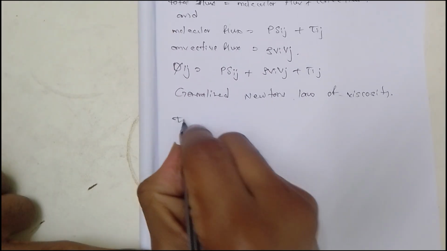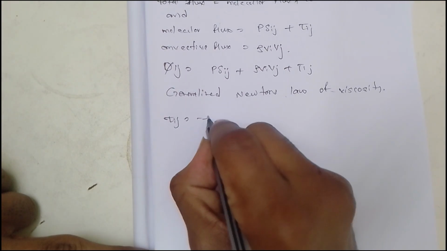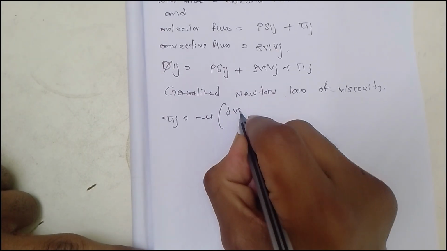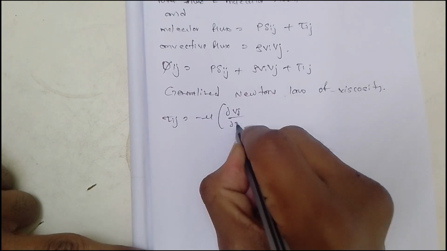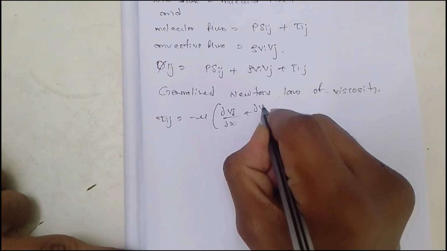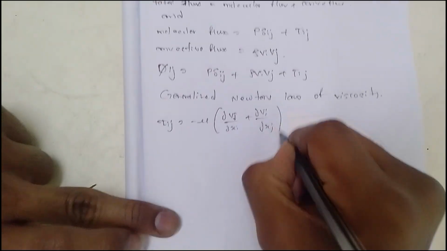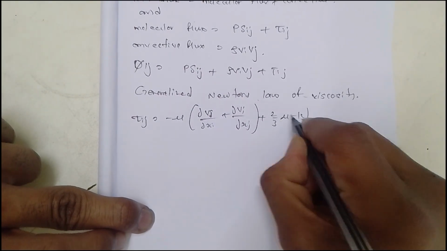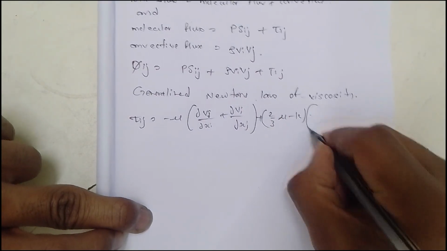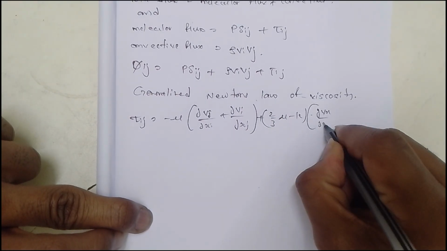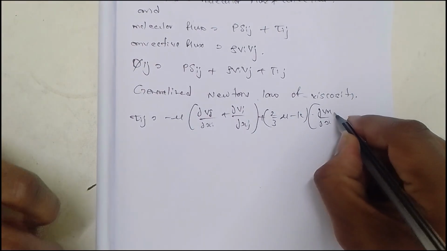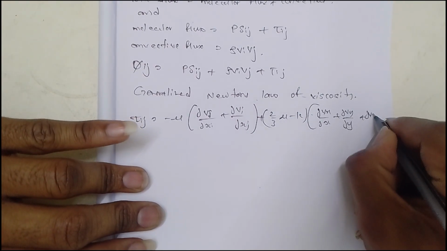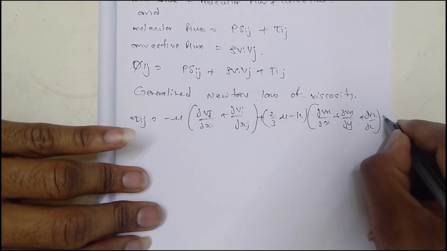It is written as tau ij is equal to minus mu into (dou Vj upon dou Xi plus dou Vi upon dou Xj) plus (2 by 3 mu minus kappa) into (dou Vx by dou X plus dou Vy by dou Y plus dou Vz by dou Z) into delta ij.